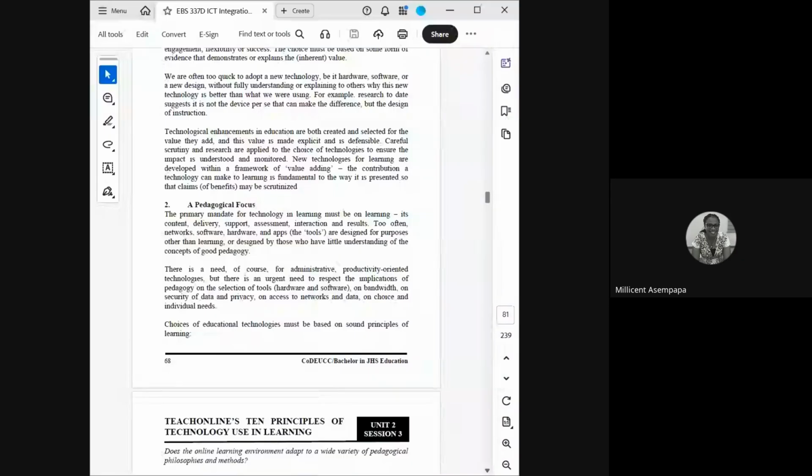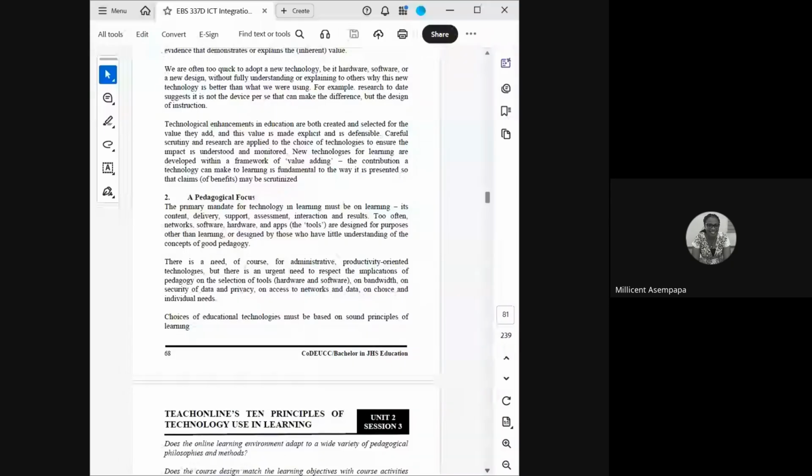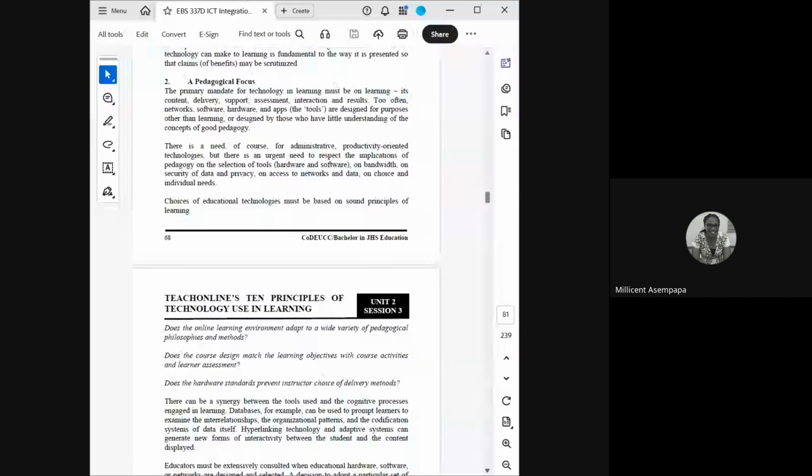Just like in class, they say we shouldn't be doing this or that, because some of the learners want to have a feel of it. Some of the learners want to see, some want to listen, the different learning styles. So developers of these educational technology tools must always bear in mind that we have different styles in the class, and their tools should cater for all of them.